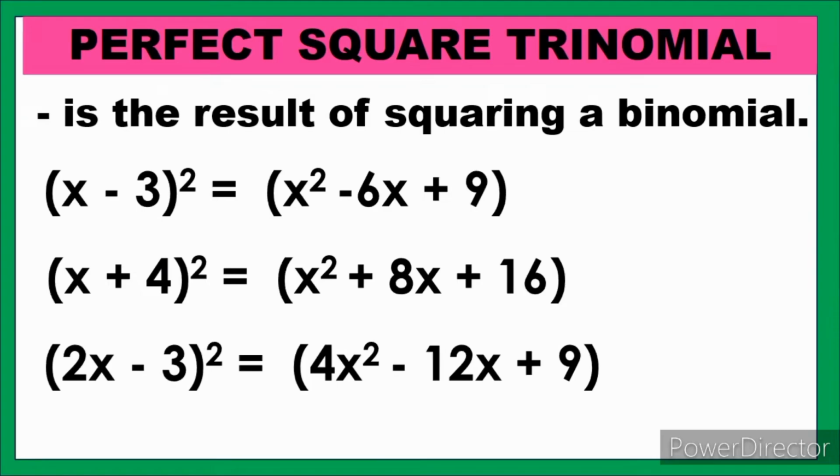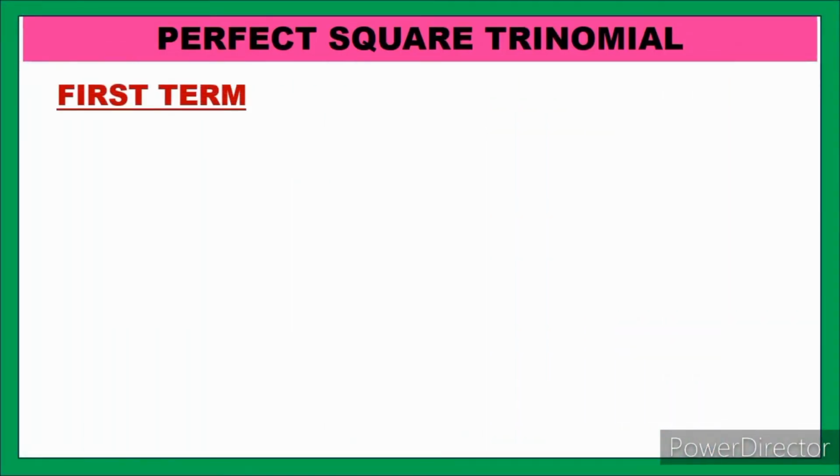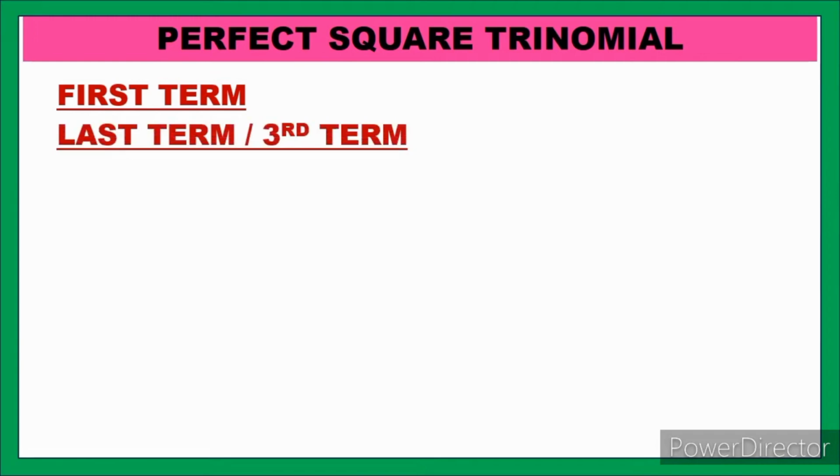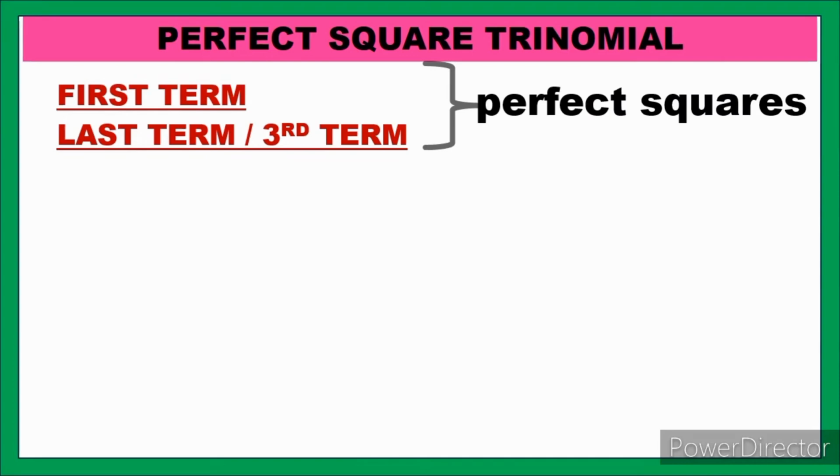But how do we determine if the given trinomial is a perfect square trinomial? It is a perfect square trinomial if the first term is a perfect square, and also the last term, or the third term of the trinomial, is a perfect square.